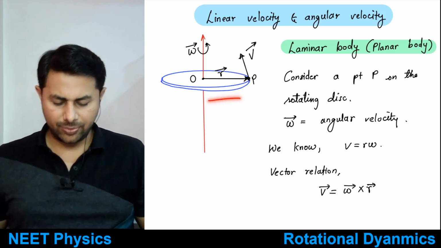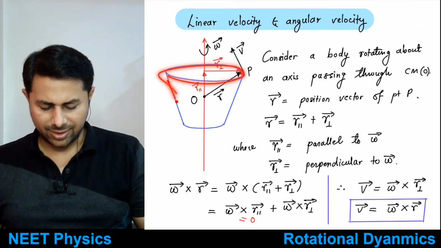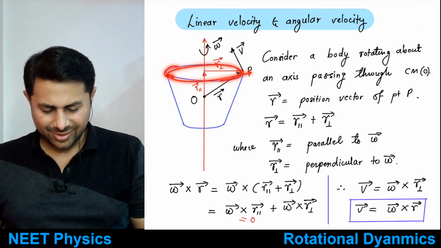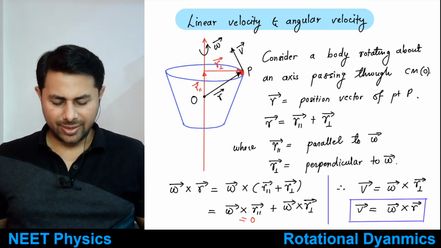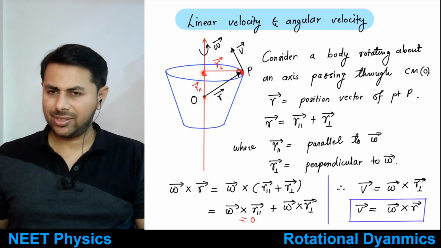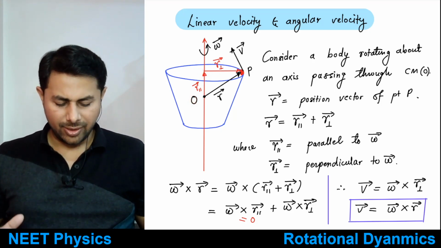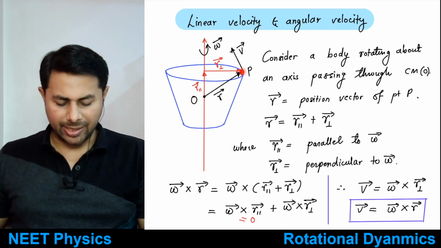So this is the relation between linear and angular velocity, and it is true for a laminar body. Now if you have a body something like this, you will define some origin. Suppose this is the origin of the body. Then you need to define the position vector of all particles using this origin.